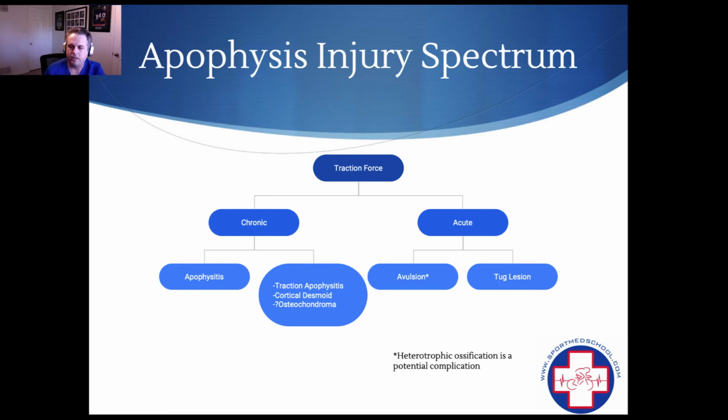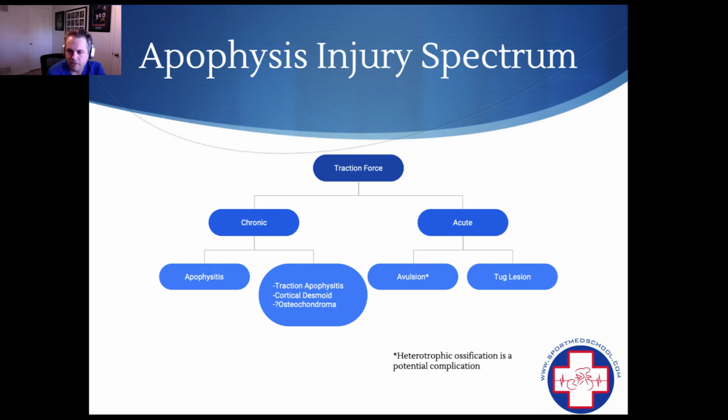As the individual continues to play on that injured area, then they can actually start to develop a traction apophysitis, which is a separation of the apophysis from its diaphyseal origin. And the other one is a cortical desmoid, which we talked about, which is a fibro-osseous deficit that occurs just below the attachment of the muscle.